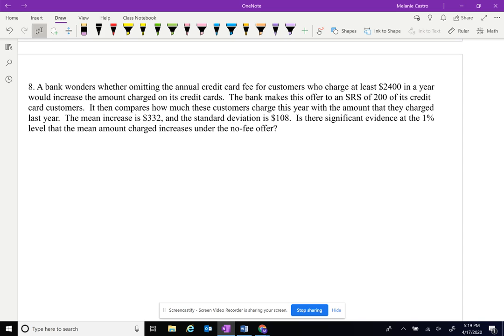Okay. So here, this information is talking about who they're looking at. So this is part of that population. The $2,400 is like a requirement for them to be a part of the sample.